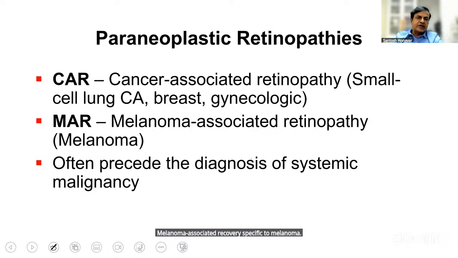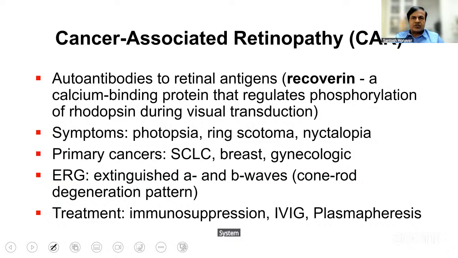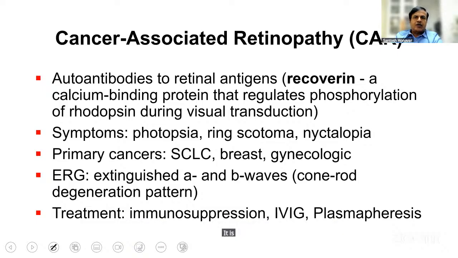Sometimes they precede the diagnosis of systemic malignancy. Sometimes they have a concurrent systemic malignancy. Sometimes the systemic malignancy is already treated. Now, for cancer-associated retinopathy or CAR, it is autoantibodies to retinal antigens, to recoverin.